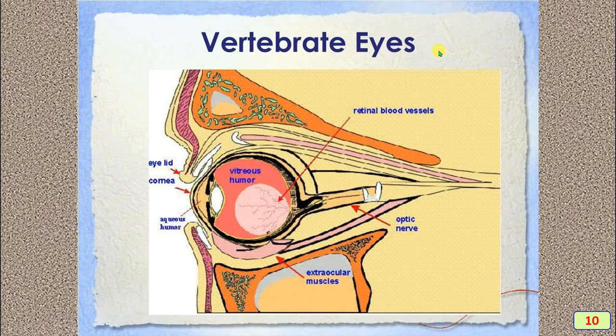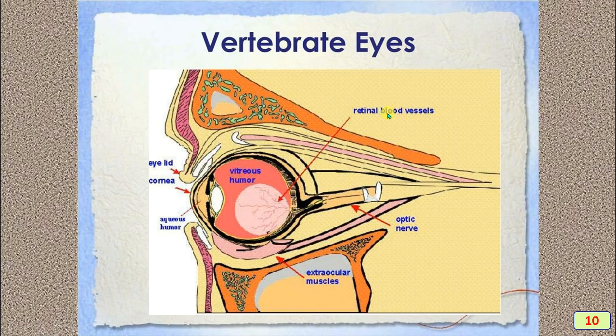Here you can see the vertebrate eye with the eyelid, then the cornea, then the extraocular muscles. These muscles are very much required for the animal to move the eye.